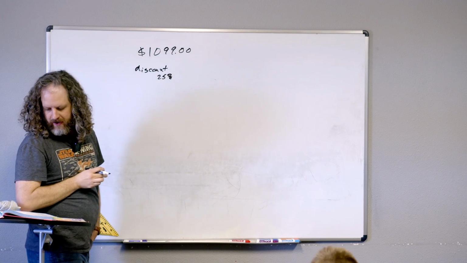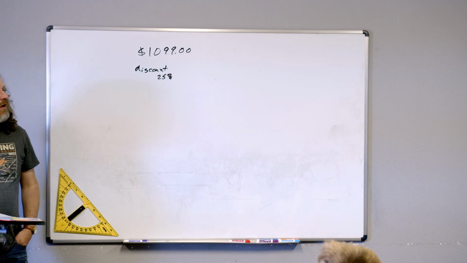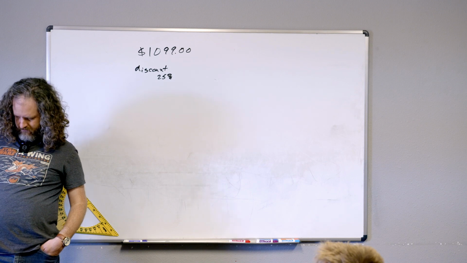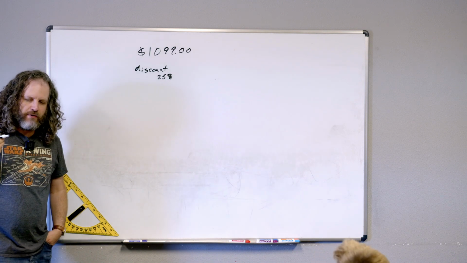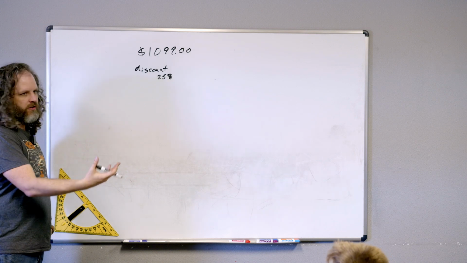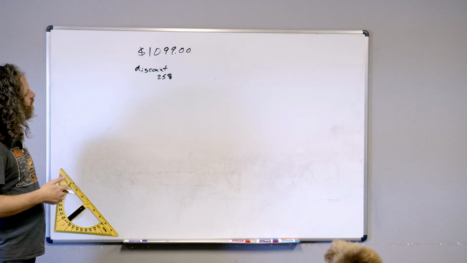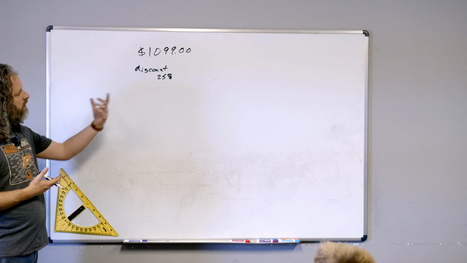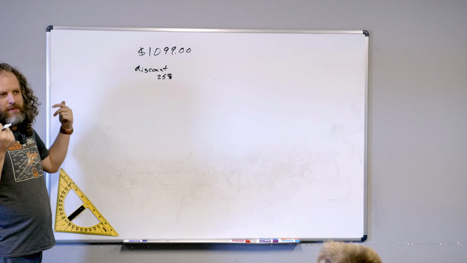Okay? 25% off, right? So, when we have percents, you're always finding a percent of a number, always. Percent of a number. So what does of mean? Multiply. So we're always going to multiply the percent times something, right? So we also can't generally just do math with percents.